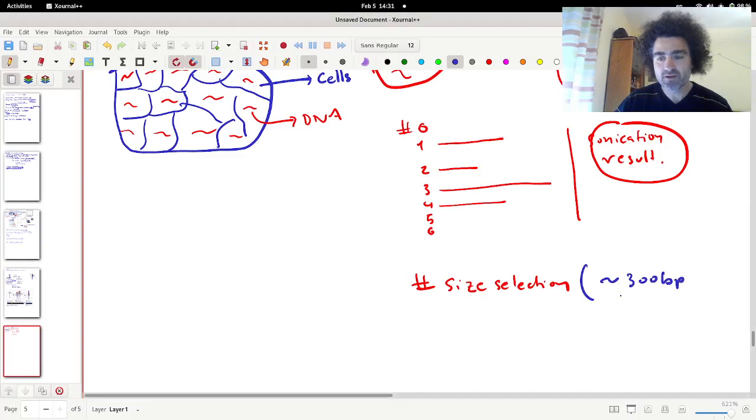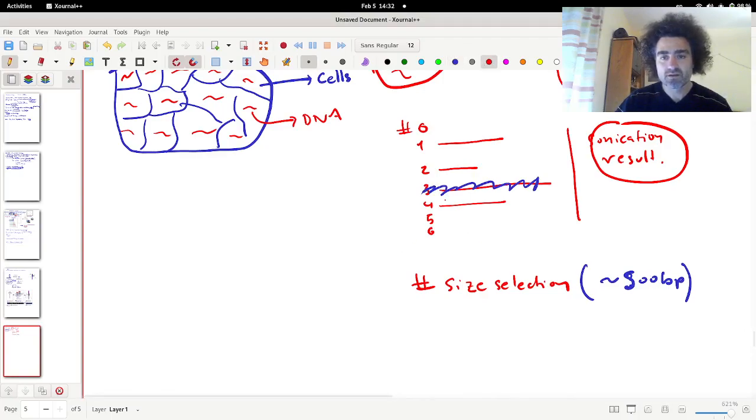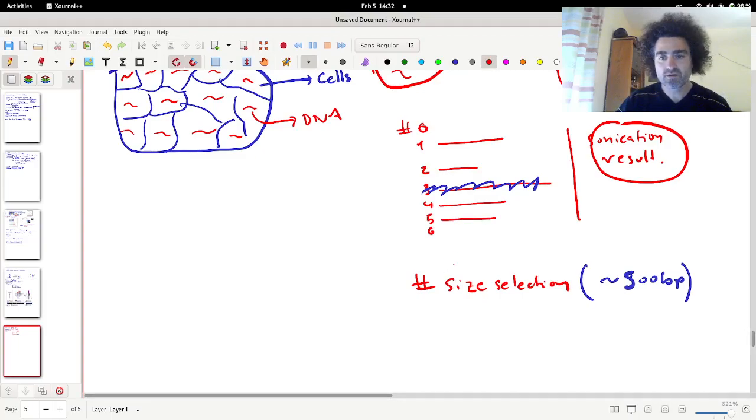If I remember well, it's between 200 and 600, but it doesn't really matter. Perhaps it changes over time, and it also depends on the technologies; perhaps in current Illumina it's bigger. Let's say around 500, doesn't really matter. Which means that you will discard some of them. Let's say we discard this one, and let's put one more here. And we have all these guys.